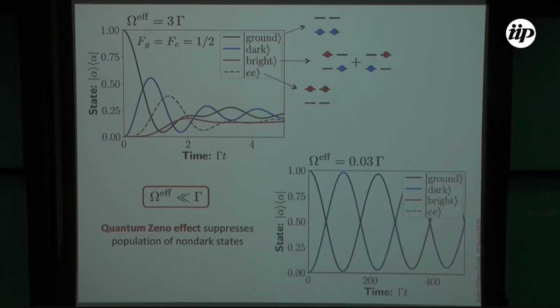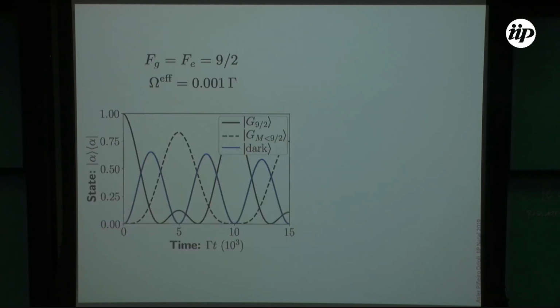And here's an example of this. This is for a much smaller Rabi frequency compared to before. And here you can see very high contrast oscillations between ground and excited state, which is what we wanted, with almost no population in the other. And you can generalize this, in principle, to whatever internal level structure and dark state you want to prepare.